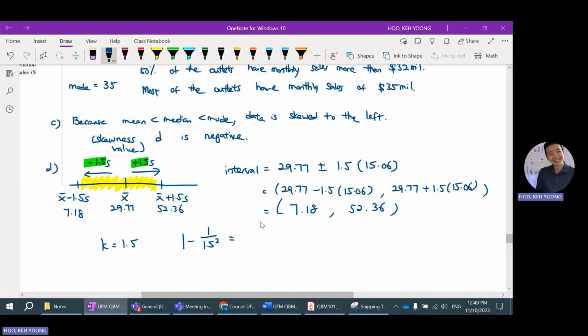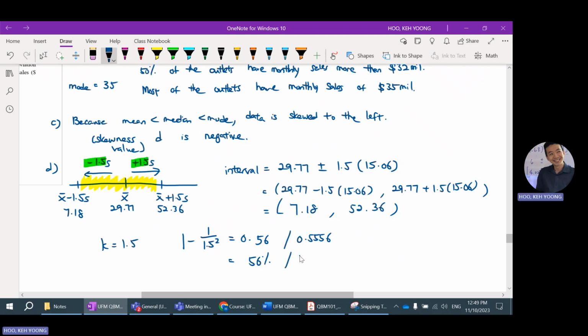What is the answer? 0.5555. If you round to 2 decimal places, you'll get 56%.